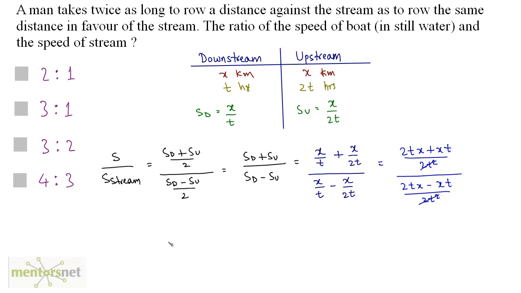So this gets cancelled out. What we have remaining is 2tx plus xt, that's 3tx, divided by 2tx minus xt, that is 1tx. So these two get cancelled out. What remains is 3 by 1. So the ratio of the speed of the boat in still water and the speed of the stream is 3:1.